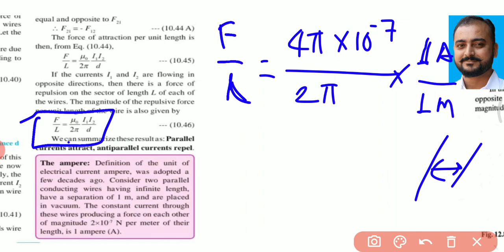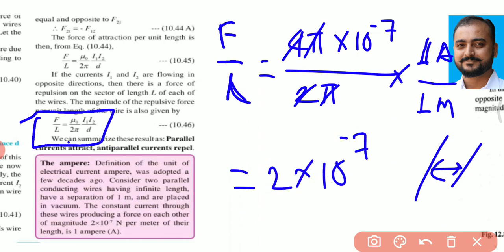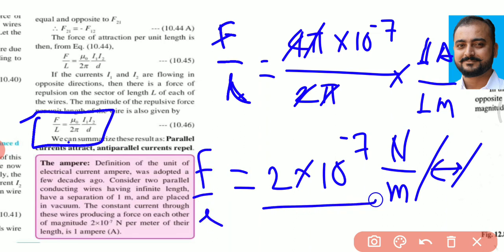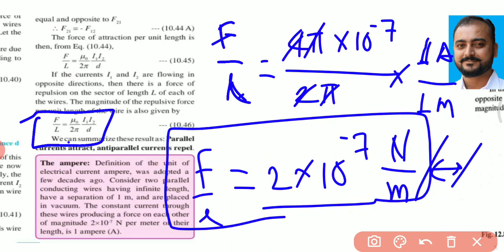Pi cancels, 2 cancels, and we get 2 into 10 to the power minus 7. Force in Newton and length in meter, so the force acting per unit length is 2 into 10 to the power minus 7 Newton per meter.